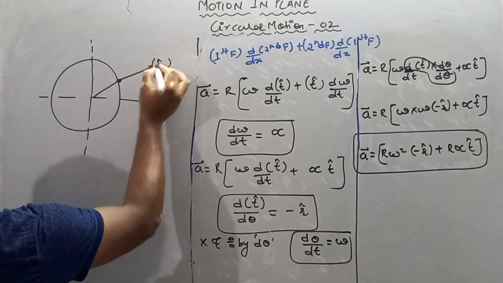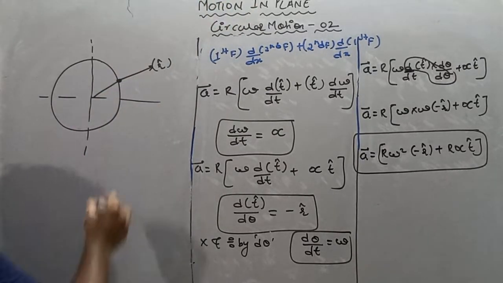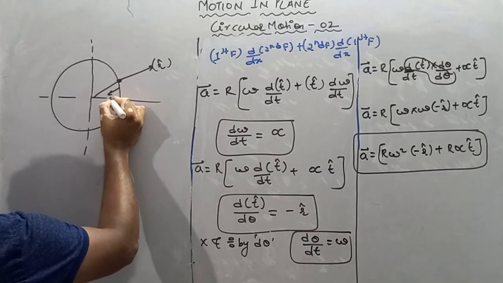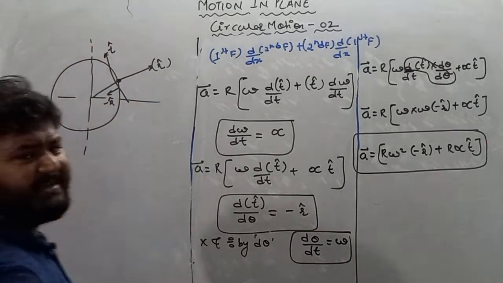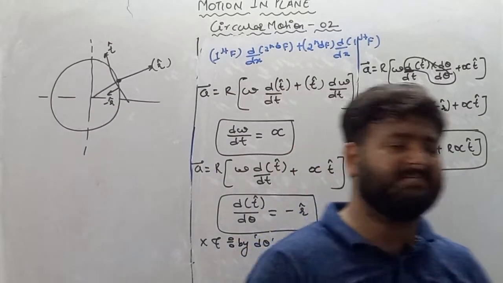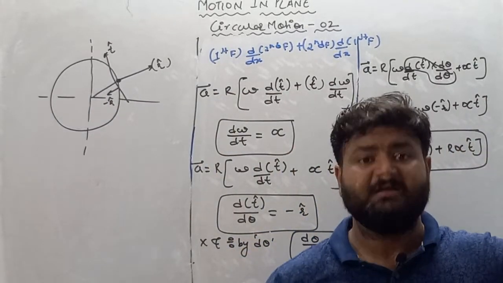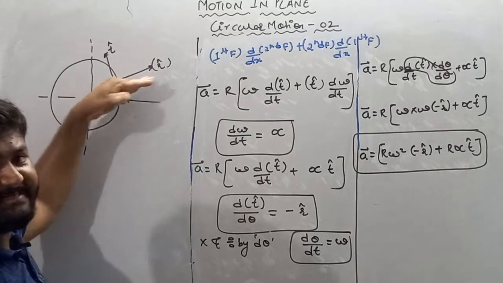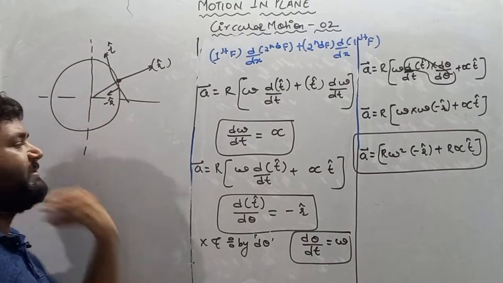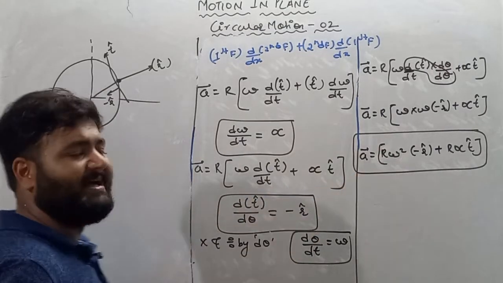If r cap is outside, then minus r cap is towards the center, and t cap is along the tangent. t cap is very easy to understand because t cap stands for the tangential unit vector. So remember one thing, if r cap is away from the center, then minus r cap is towards the center. Now see the relation of acceleration.